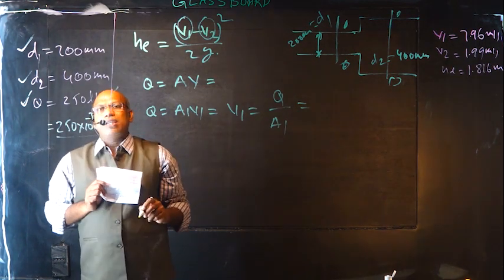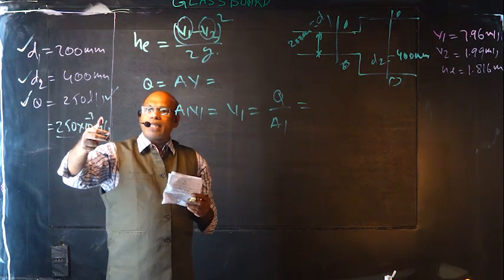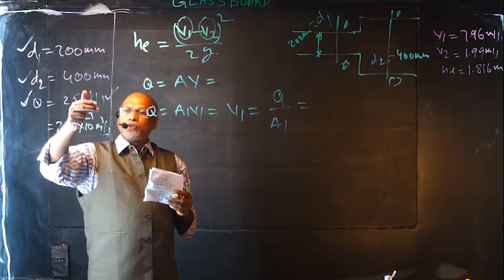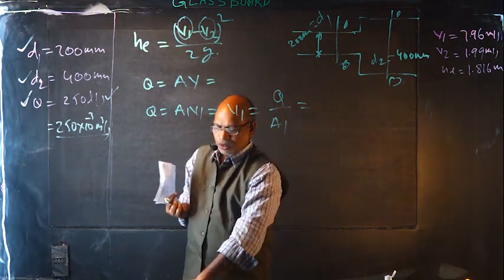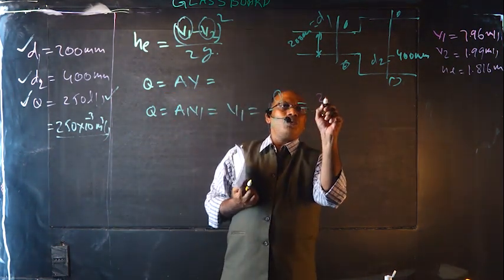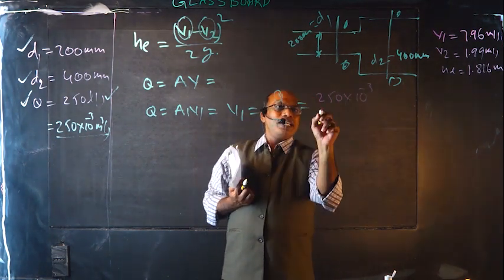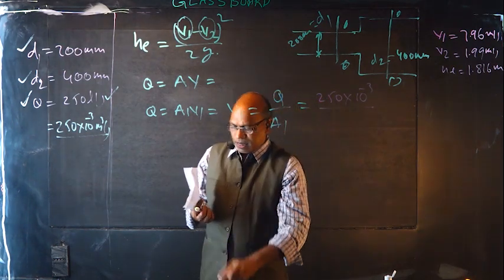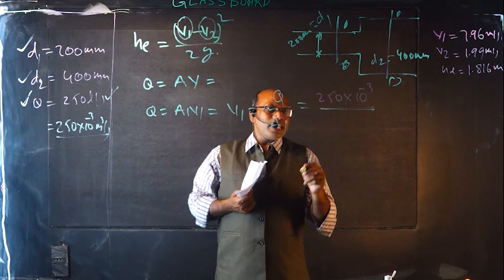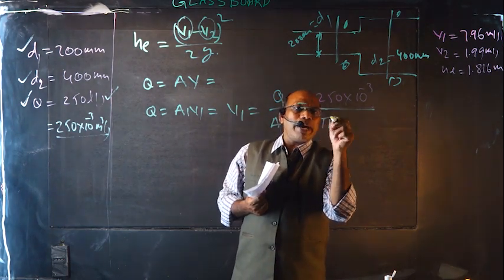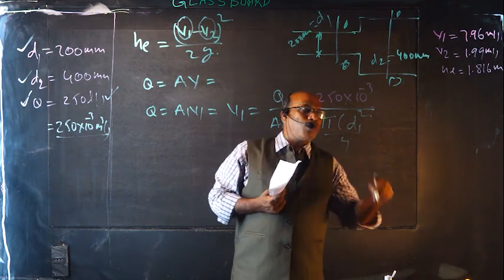Therefore V1 equals 250 into 10 power minus 3 divided by area. What is the area formula? That is equal to pi D1 square divided by 4.